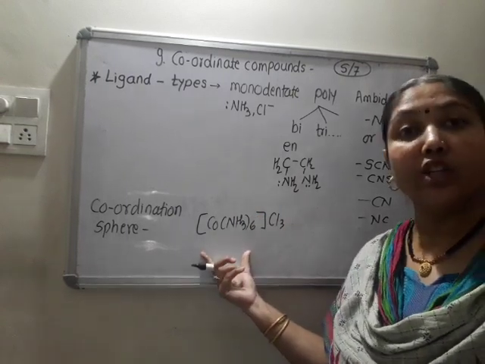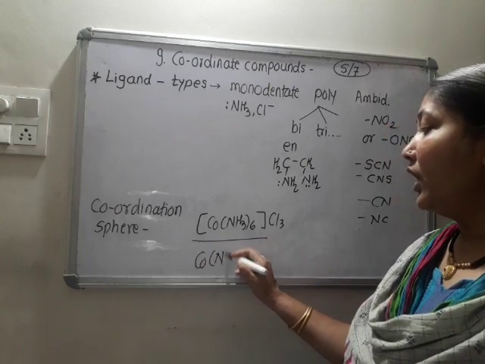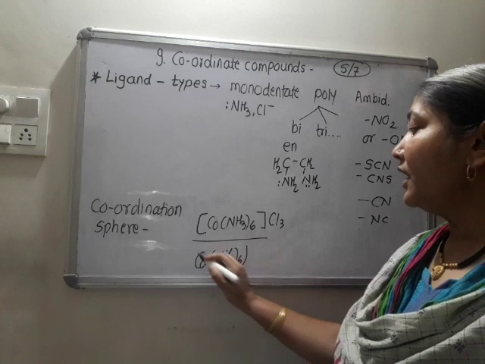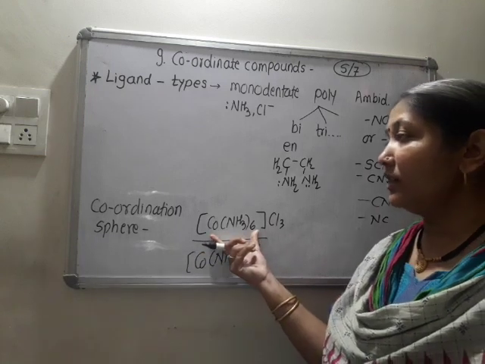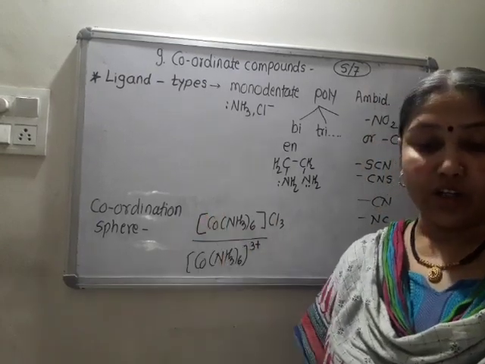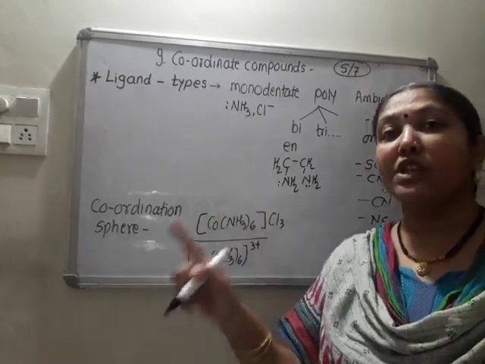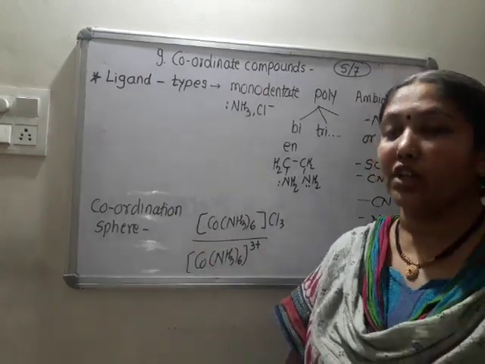So which is the coordination sphere here? Only this much part, that is [Co(NH3)6]3+. If we ionize this, then obviously this ion will have a positive charge. So this is called the coordination sphere. The quantity which is enclosed in a square bracket is known as the coordination sphere.